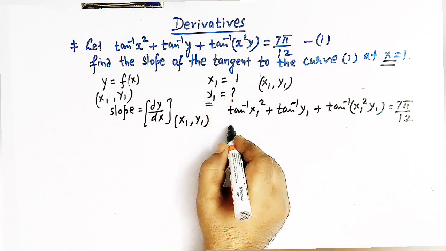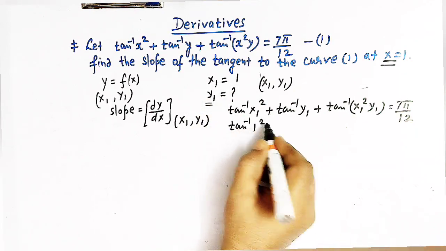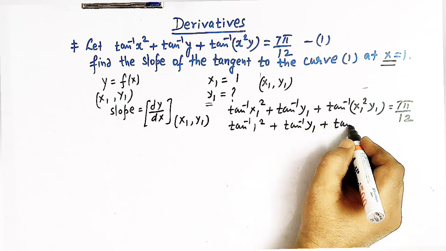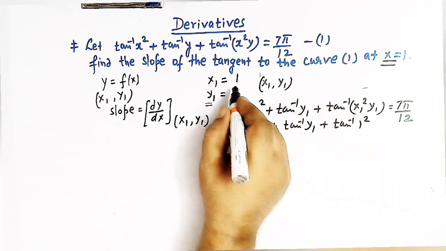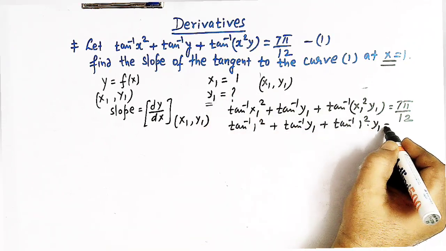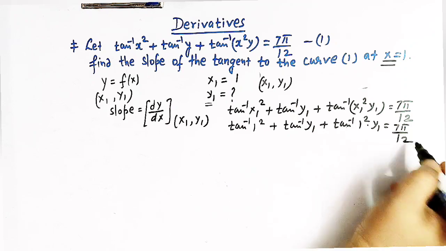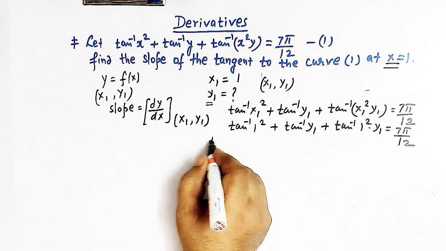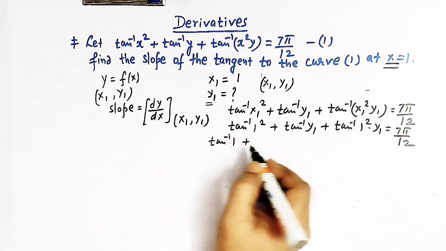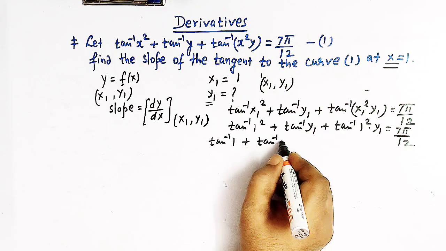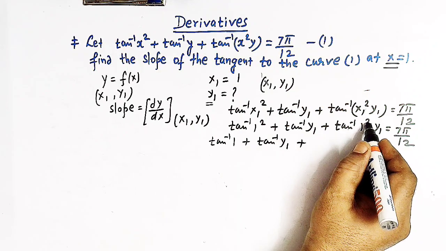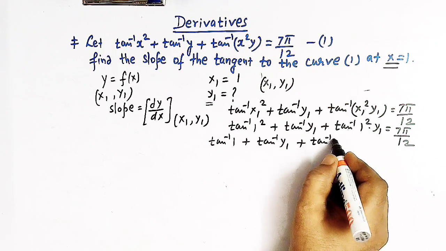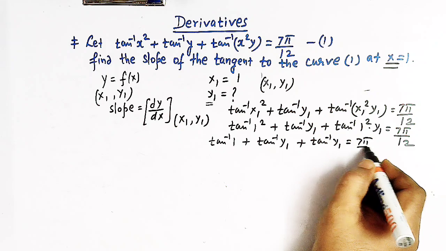Since x1 is 1, we have tan inverse 1 squared plus tan inverse y1 plus tan inverse 1 squared times y1, and this is equal to 7 pi by 12. Now 1 squared is 1, so we have tan inverse 1, then tan inverse y1, and 1 times y1 is y1, so another tan inverse of y1, equal to 7 pi by 12.